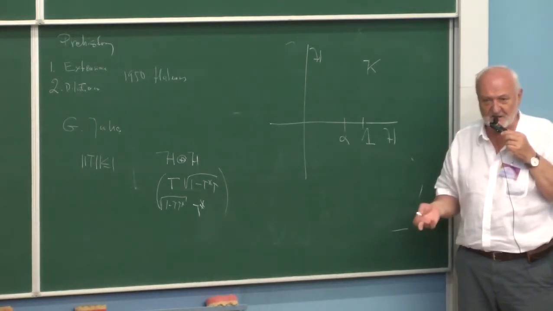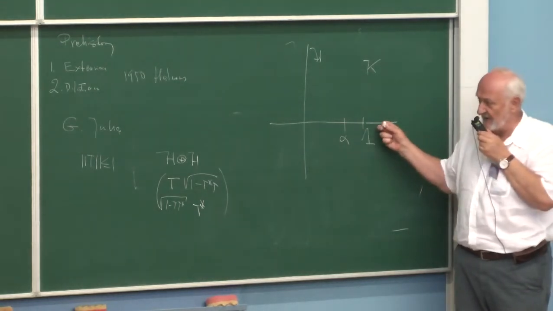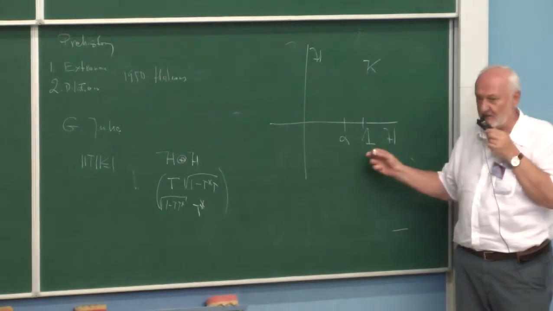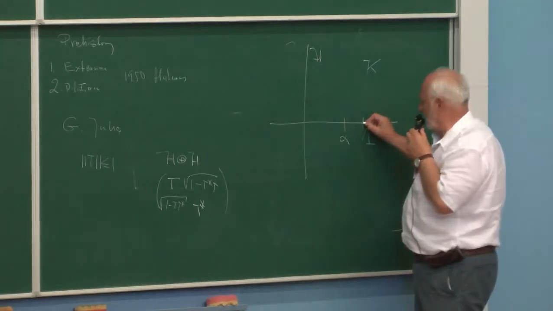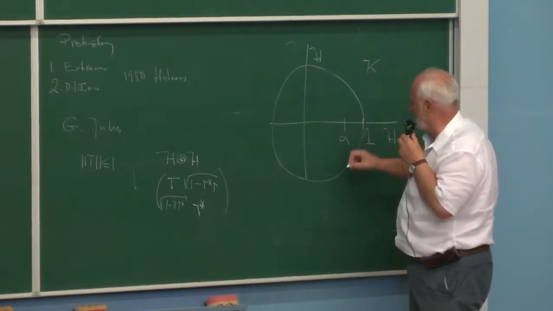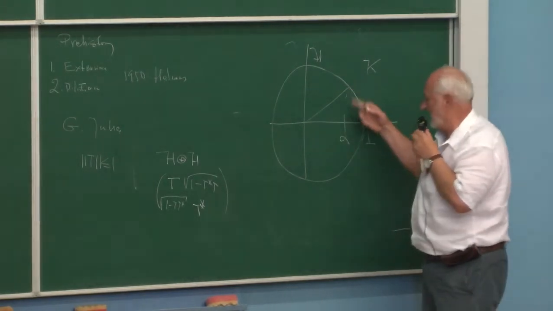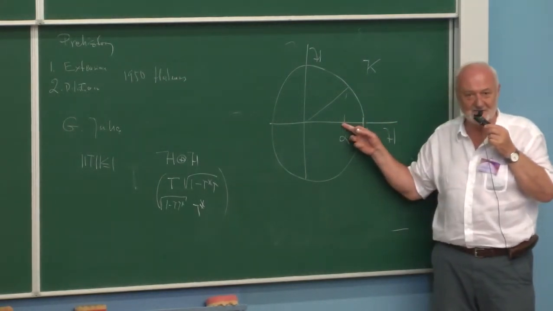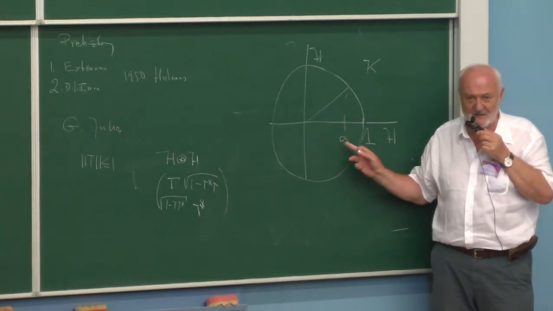So in order to make it unitary, we go out of the space. We need one more dimension. That means that we make a rotation, so we move on the circle, and this is nothing but the projection of that. The angle is referred to this number alpha.